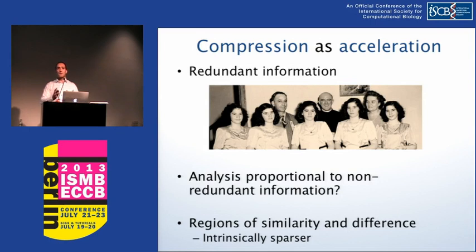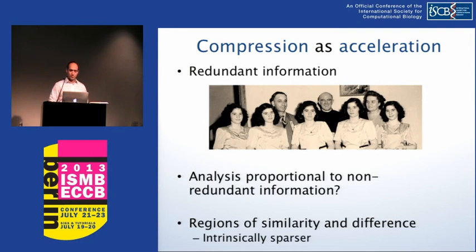Not so much exactly what the sequence is, but really what's like what. And this is a much sparser problem. And so there should be some intuition that we're really asking questions of some very sparse subset of the full genomic library.